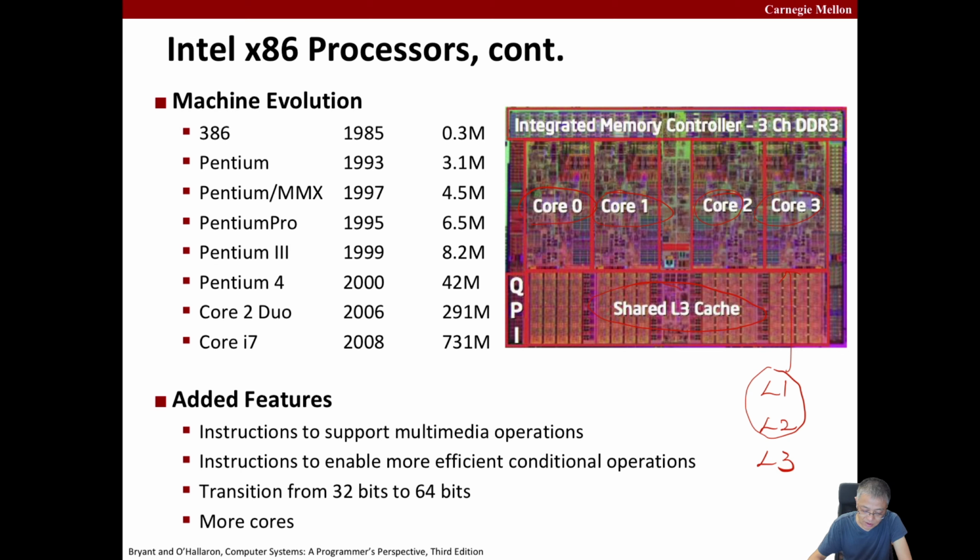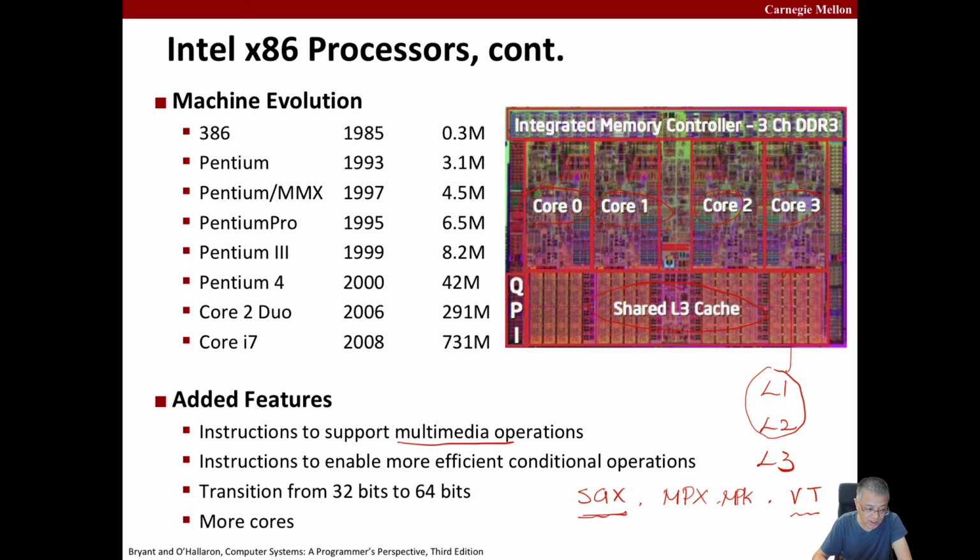Okay. So over the years, Intel has added a lot of additional features like multimedia support, and a lot of security. So Intel has added a lot of technologies like SGX, like MPX, like MPK, like VT. VT is for virtualization.